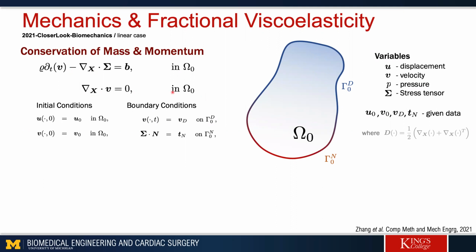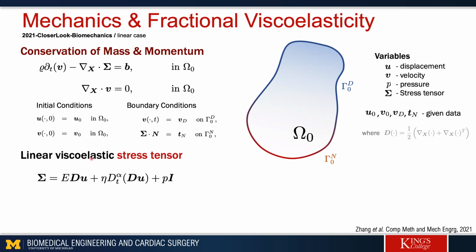If we look at the linear elastic or viscoelastic stress tensor, we get something like this. And what we need to be able to do is somehow approximate this fractional derivative here. That becomes the key part: how do we actually approximate that in order to do a forward simulation?